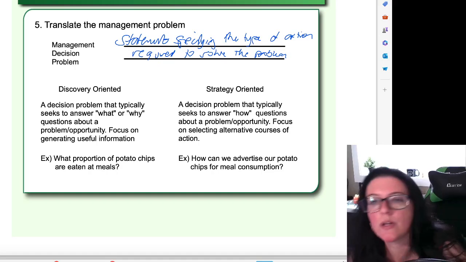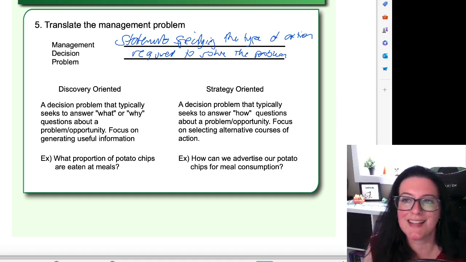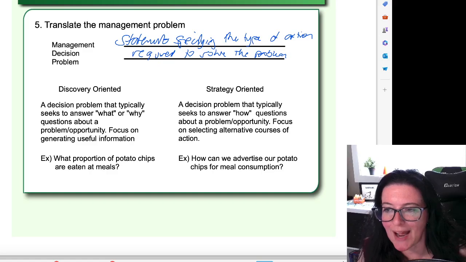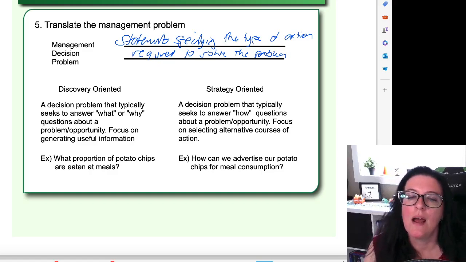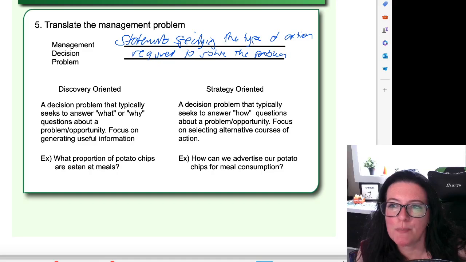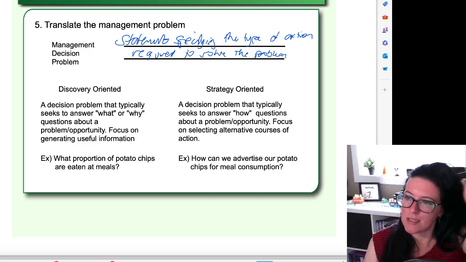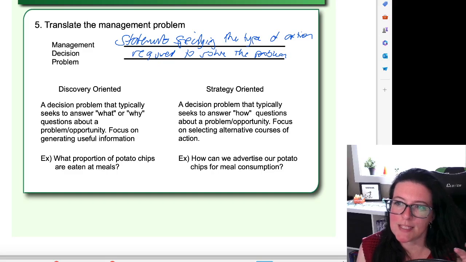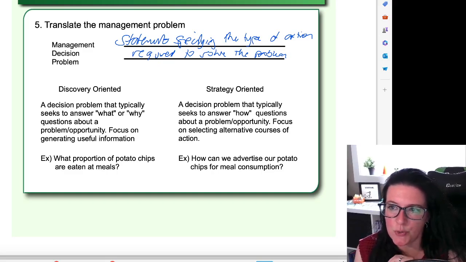So what we're getting at the heart of is: what is the decision that needs to be made? What actions are we considering taking? And so we're specifying what information we're going to need in order to solve a problem, make a decision that will lead to action.